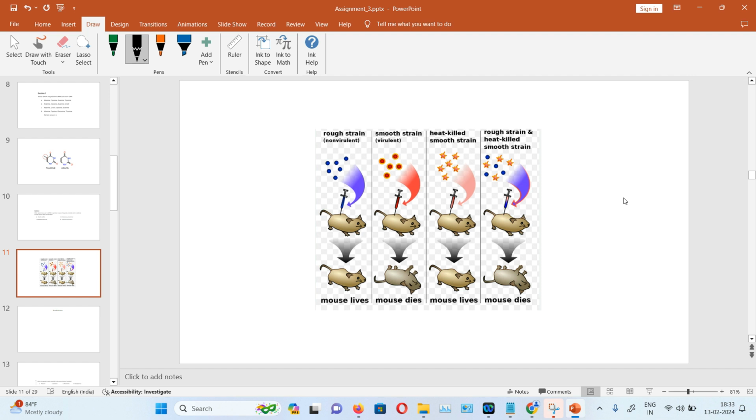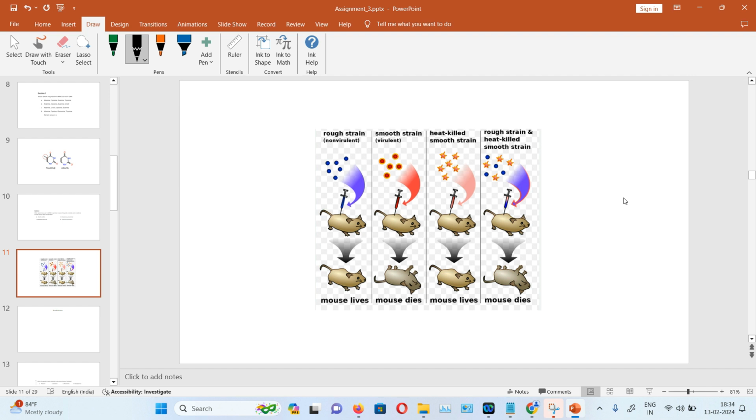The heated bacteria got destroyed, and when they introduced them inside the mouse, they came to know that the mouse survives. What's the meaning? Heat can destroy the smooth strain also, and if the destroyed smooth strain gets inside the organism, it will survive and is not affected by the disease. So that also confirmed the original experiment.